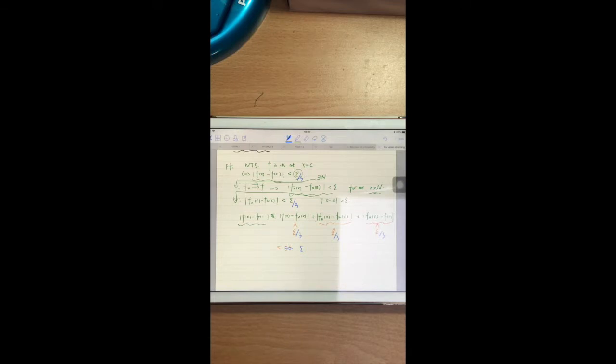We proved that the absolute value of the difference of f(x) and f(c) is smaller than epsilon. Then f is continuous at the point c, and since we took an arbitrary point c, f is continuous everywhere it's defined, right?